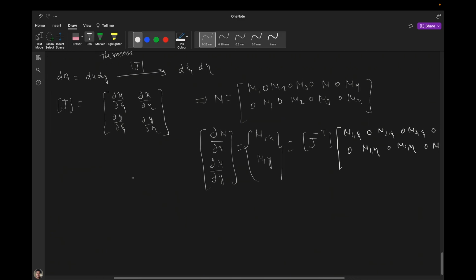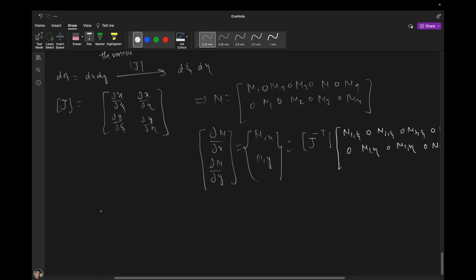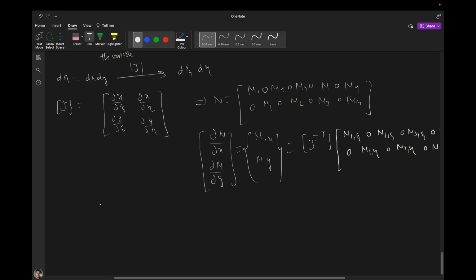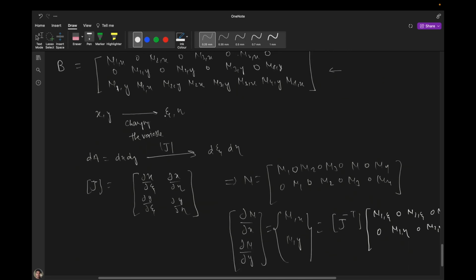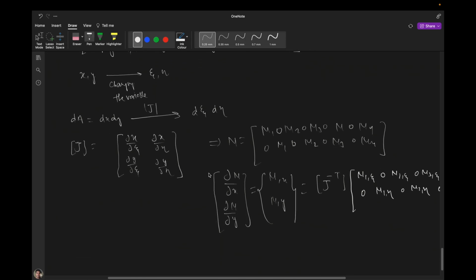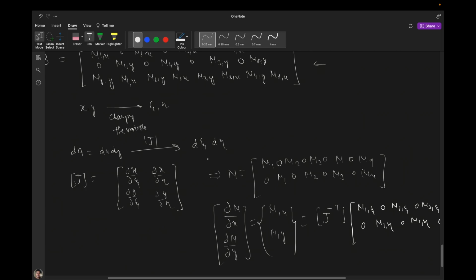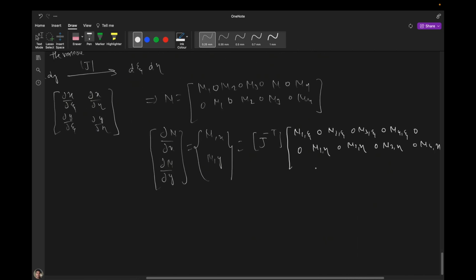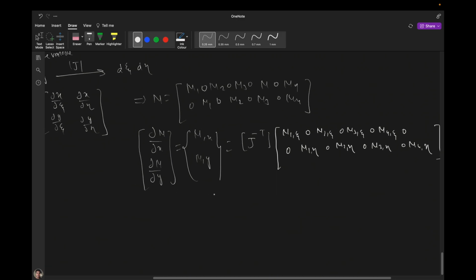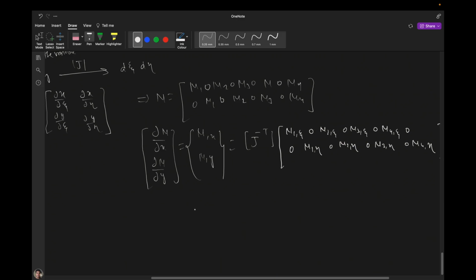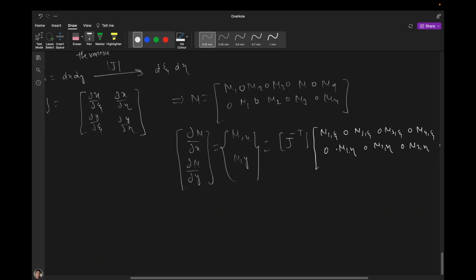So which means that if I want to find the B matrix, here it is a function of x, but later when you change the variable it becomes a function of xi and eta. This derivative becomes a function of xi and eta, which means that first we have to multiply with J inverse transpose, then it will be converted into this.